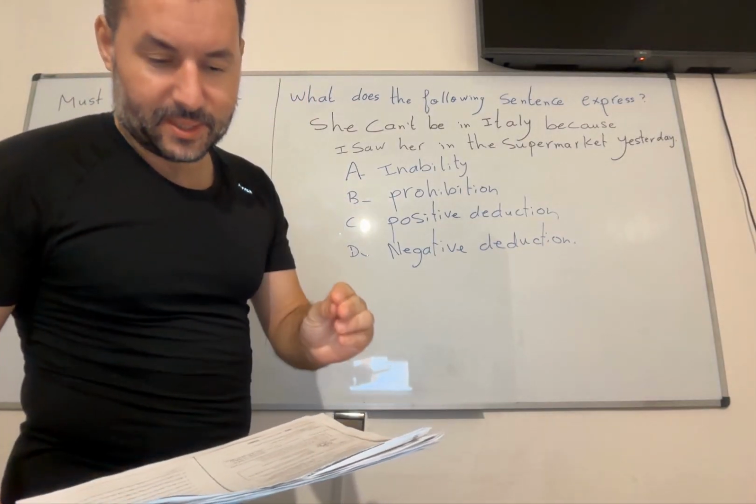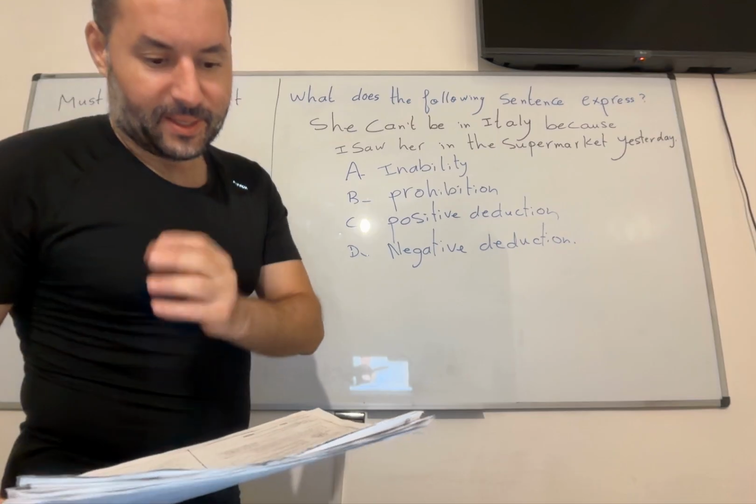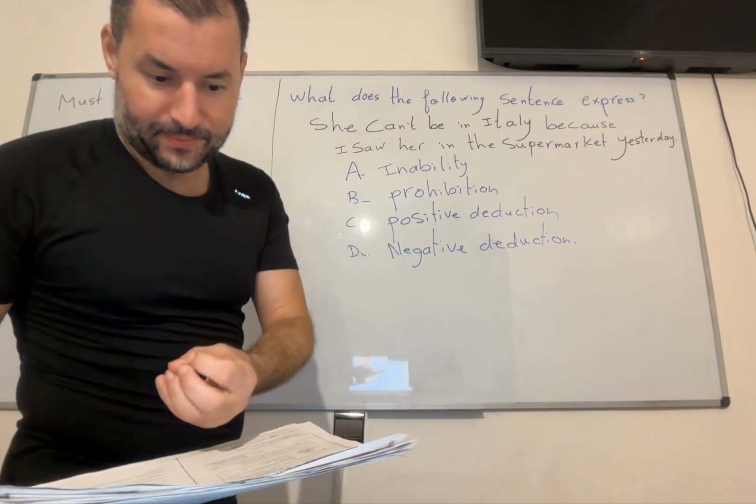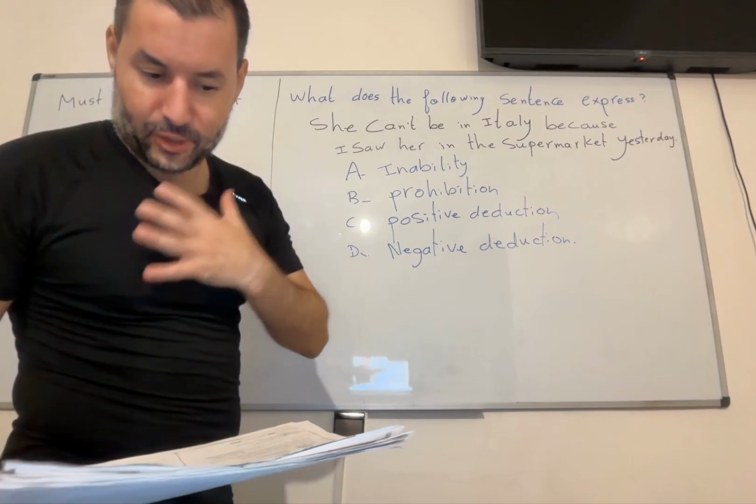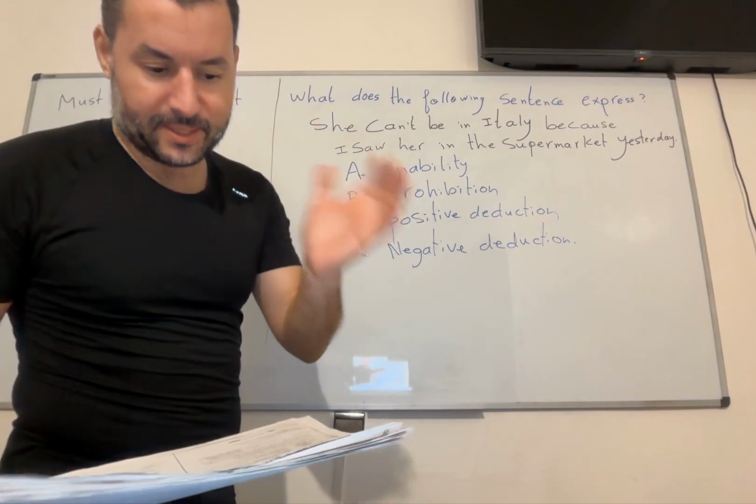We use must to say that we feel sure something is true. Okay, we feel sure that something is true. Let's give an example.